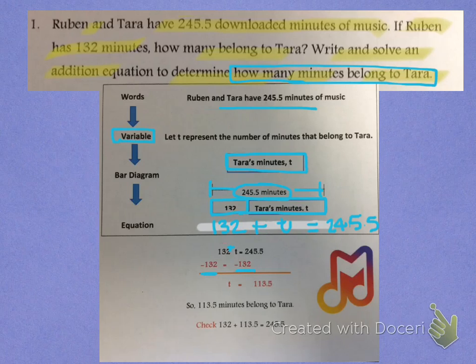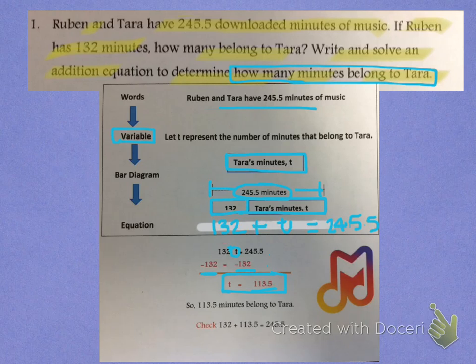I would change my equation if I didn't do it on both sides. 132 minus 132 is 0, so the only thing I have left over is T. On the other side of the equal sign, I have 245 minus 132, and that equals 113. So Tara's minutes of T is equal to 113.